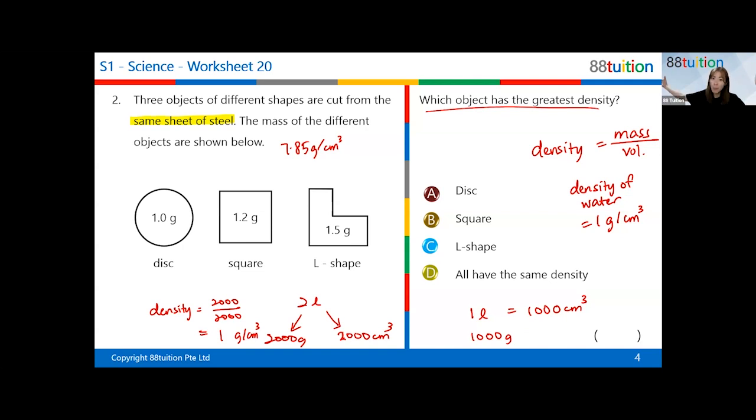So if now I have a big bathtub, we need quite a lot of water. This is a huge bathtub, I'm talking about 50 liters. So 50 liters is going to be 50,000 cm cube. And this is 50,000 gram.